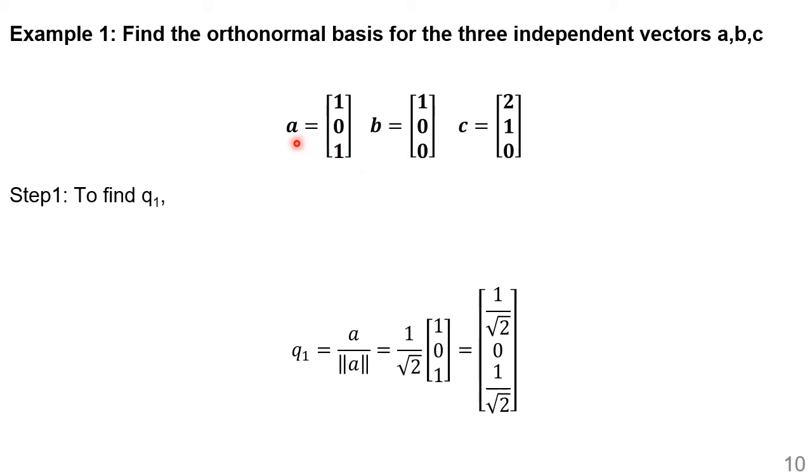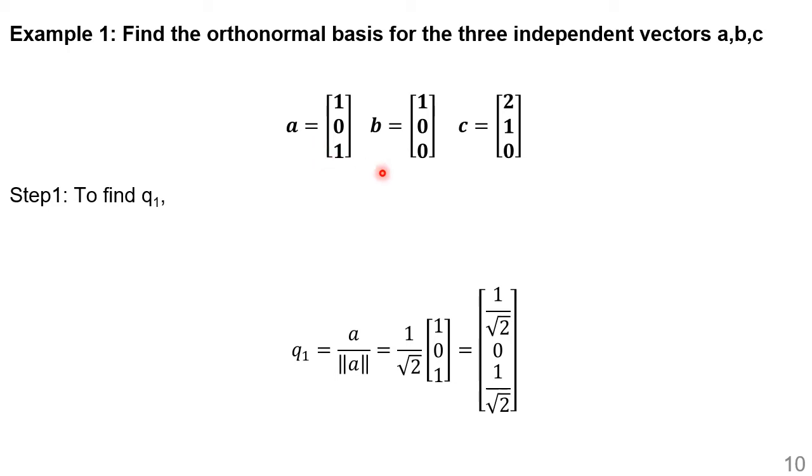That can be done by the dot product A dot B. This term should be equal to 0 if A and B are orthogonal. When we do A dot B, we get 1 into 1, 1, plus 0 into 0, 0, plus 1 into 0, 0. So I get A dot B equal to 1, which means that vectors A and B are not orthogonal to each other.